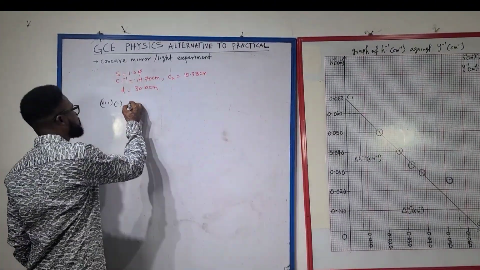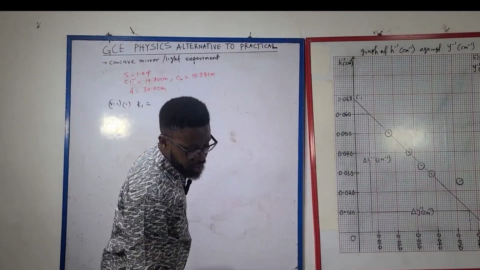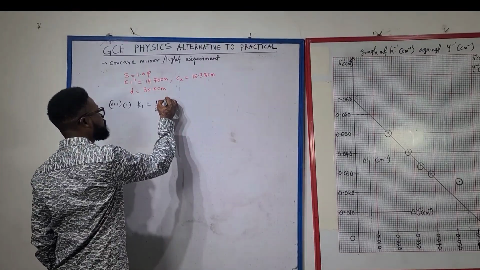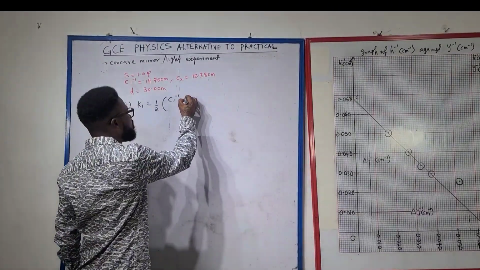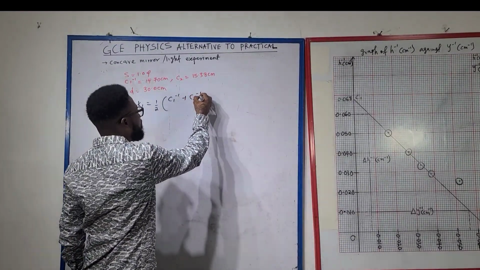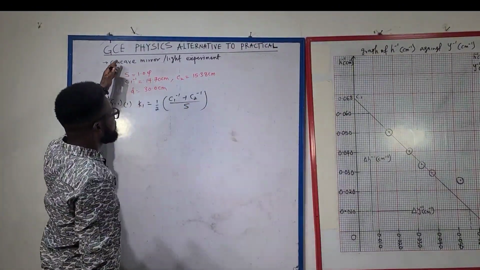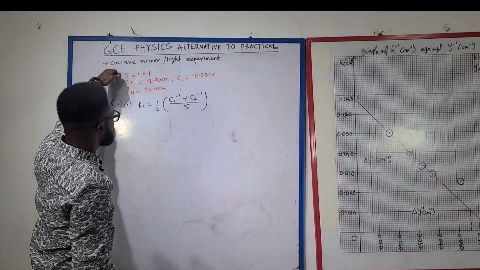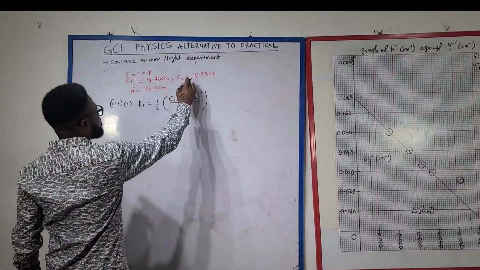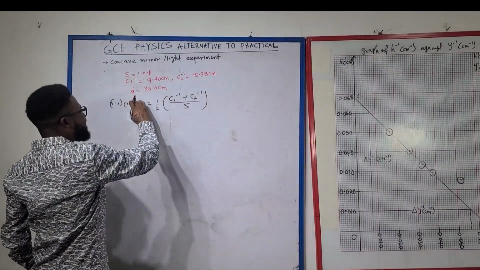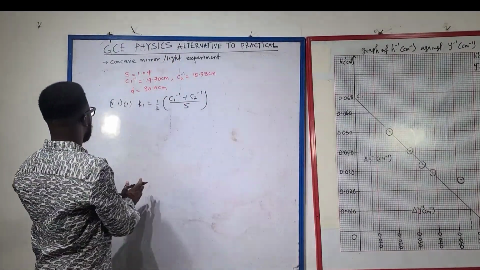We were told to express K1 equals, as displayed on your screen, half, that's 1/2, into brackets C1 raised to power minus 1 plus C2 raised to power minus 1, divided by my slope. You can see from the workings, this was what we got for the slope. It has no units. This was what we got for C1 raised to power minus 1, C2 raised to power minus 1, and then the D at the start of the question comes into play for this.